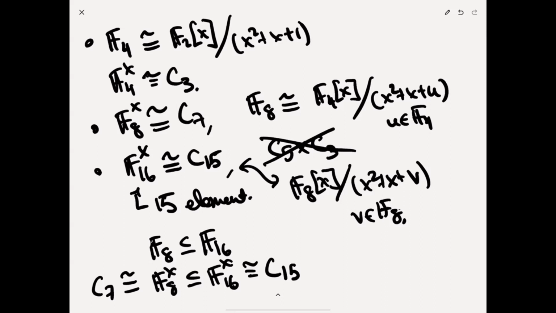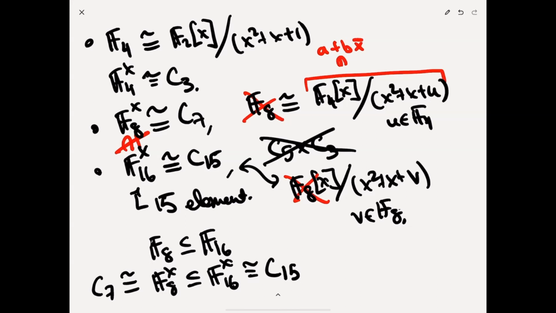Okay, so here's what was going wrong here. This is not contained in here, right? So this is not right. Let's count the elements of this field. The elements in this ring have the form A plus BX bar.